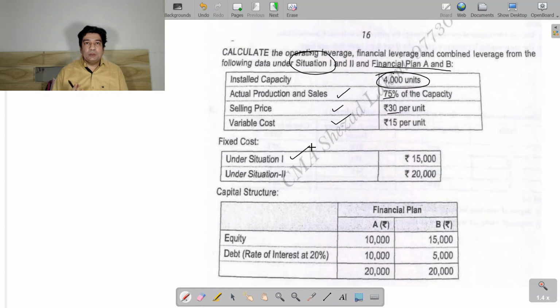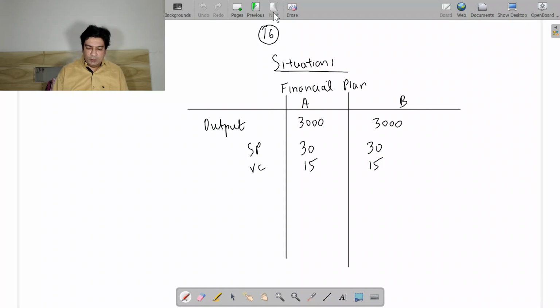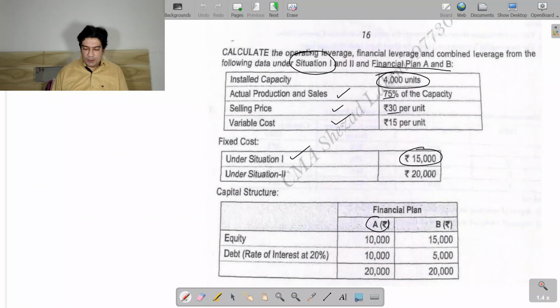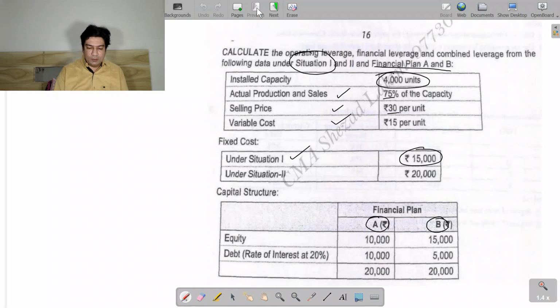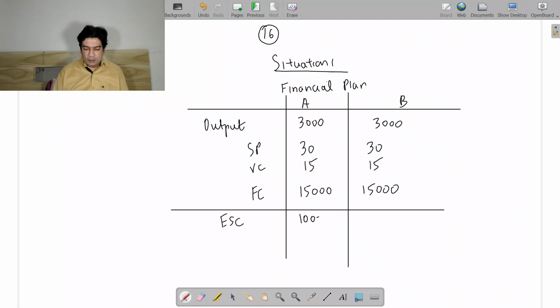Now we are in situation 1 and we have a fixed cost of 15,000. So that is common. Then we are having financial plan A and B. So we have our capital structure. So we have equity share capital, 10,000 and 15,000.